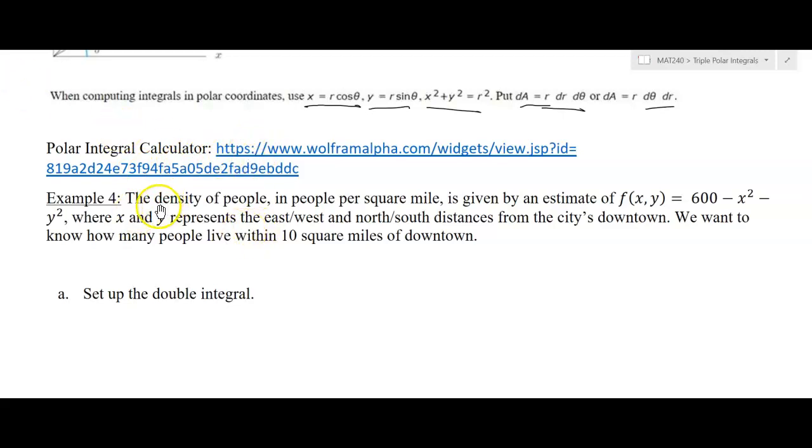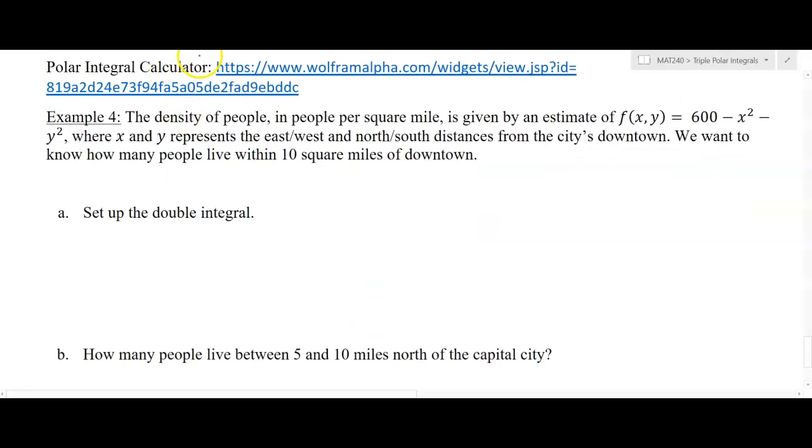So in this problem, suppose the density of people, in people per square mile, is given by an estimate of f of x, y equals 600 minus x squared minus y squared, where x and y represent the east-west and north-south distances from the city's downtown. We want to know how many people live within 10 miles of downtown. All right, well, what that means is that I'll go ahead and sketch this.